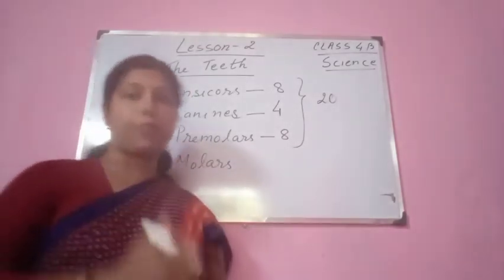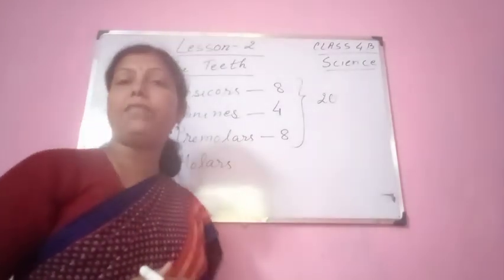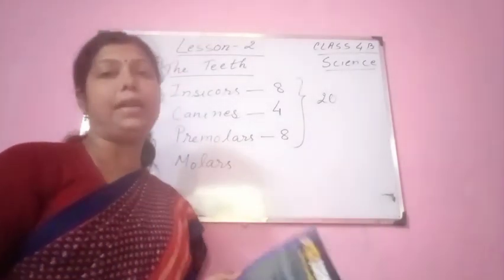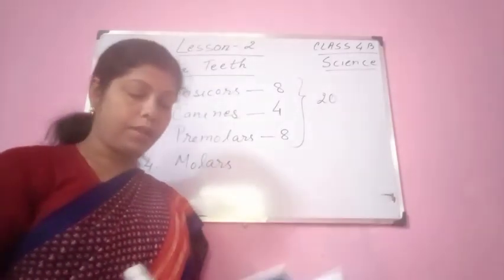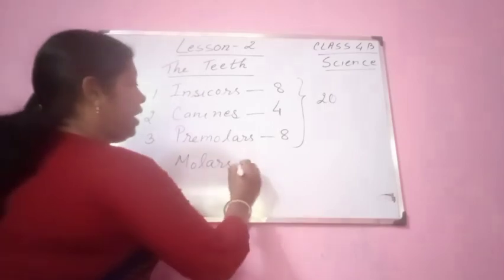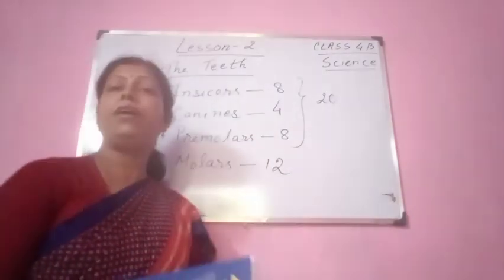Children have a set of 20 teeth, whereas an adult has a set of 32 permanent teeth. And molars, how many molars are there? An adult has 12 molars.